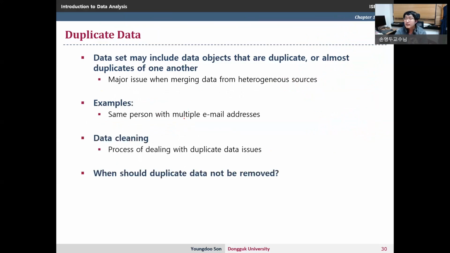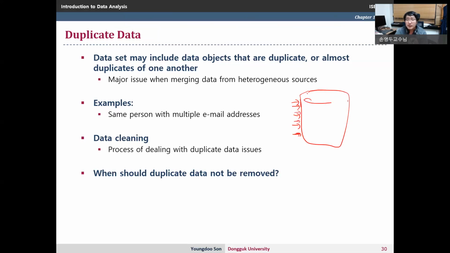The last topic related to data quality is duplicate data. Duplicate data means that, here is a data matrix and there are many records of data.